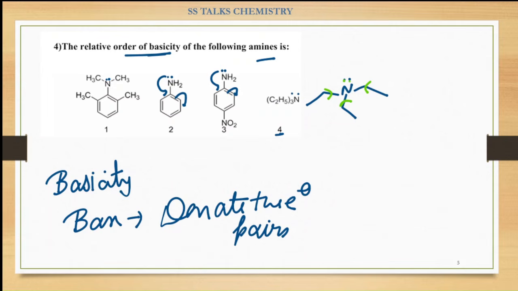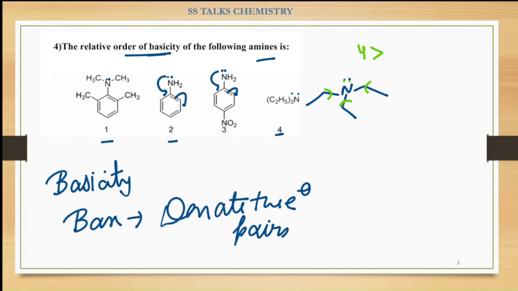But as compared to the other molecules, this one is going to donate its maximum, it has maximum electron density that it can donate to the other species, which means its basicity, as compared to the other three ones in which the nitrogen lone pairs are not available because they are involved in the conjugation, the fourth one is going to be of the maximum basicity. That means in our order, the fourth molecule is going to come at the most basic position. It is the most basic one, right?